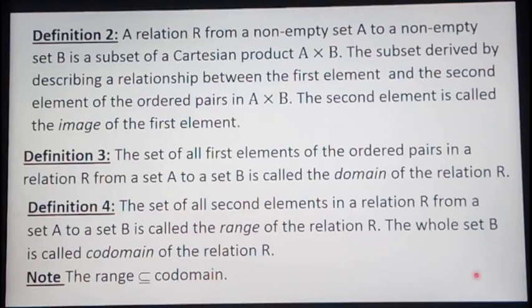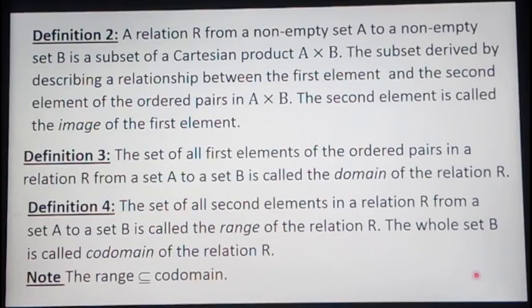Definition 4. The set of all second elements in a relation R from set A to set B is called the range of the relation R. So here, first we learned domain.